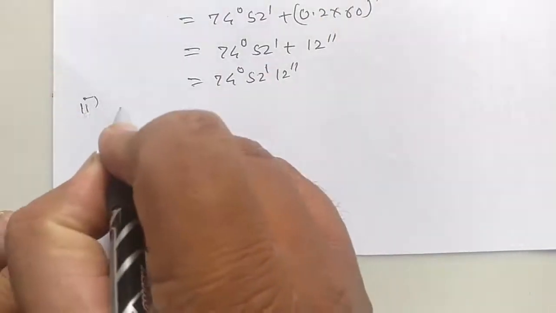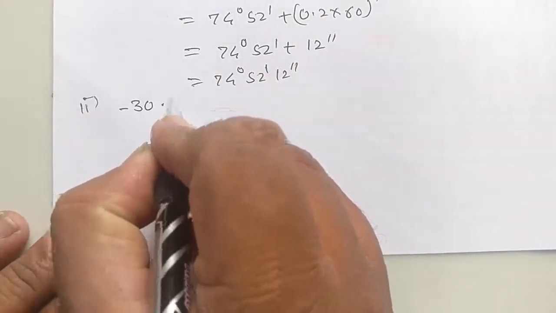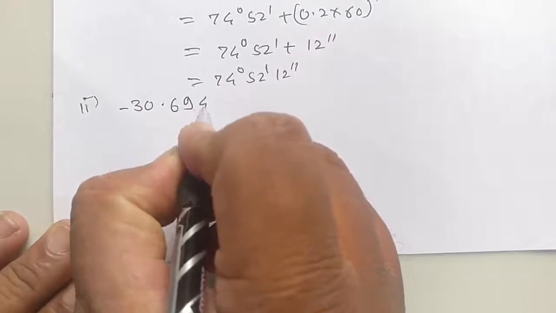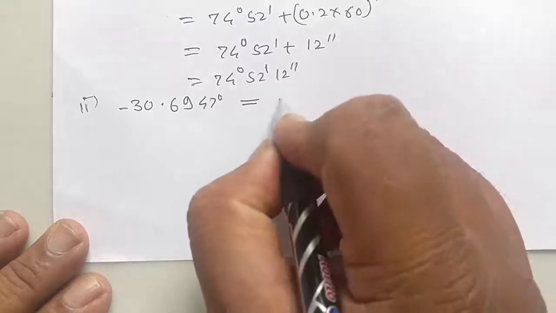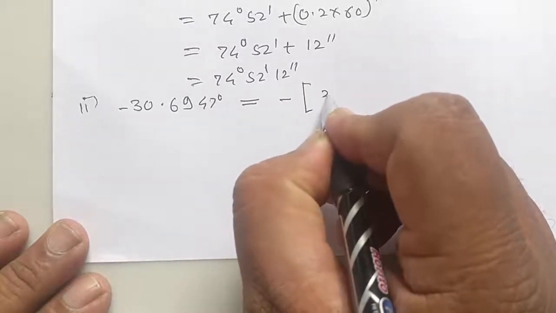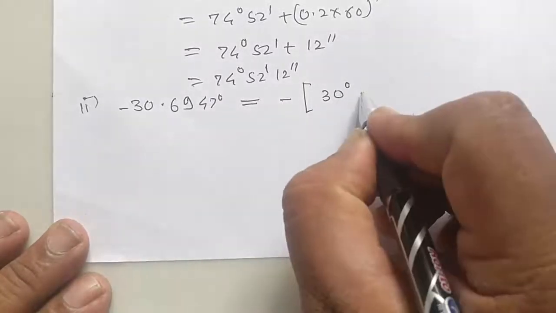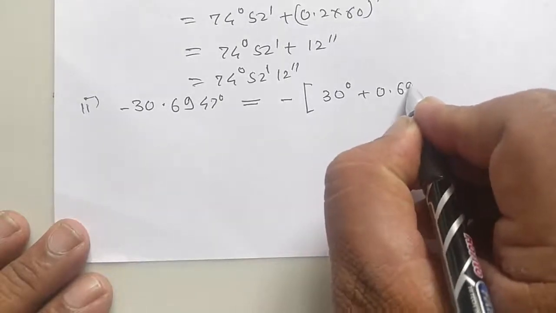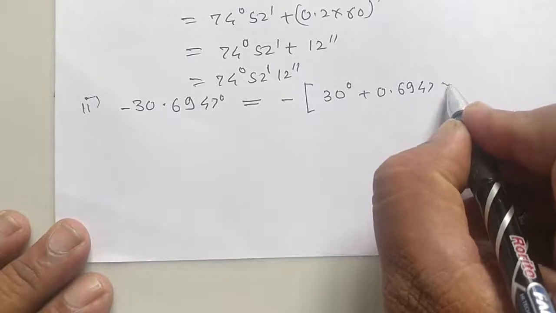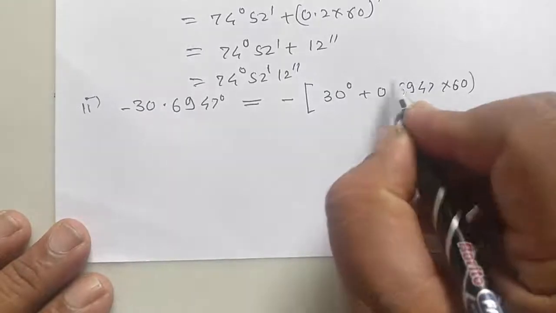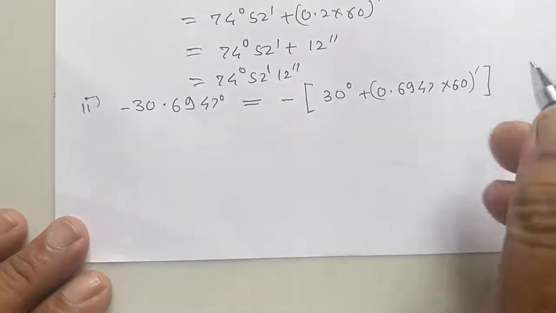Number 2, minus 30.6947 degree. It is converted into minus 30 degree plus 0.6947 multiplied by 60. It is converted into minutes.